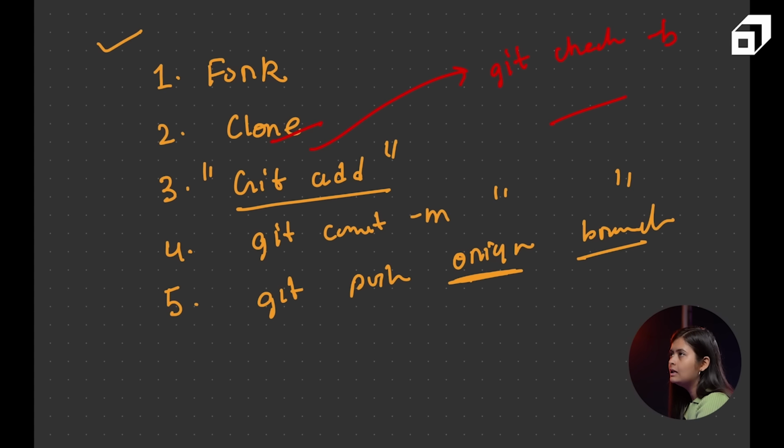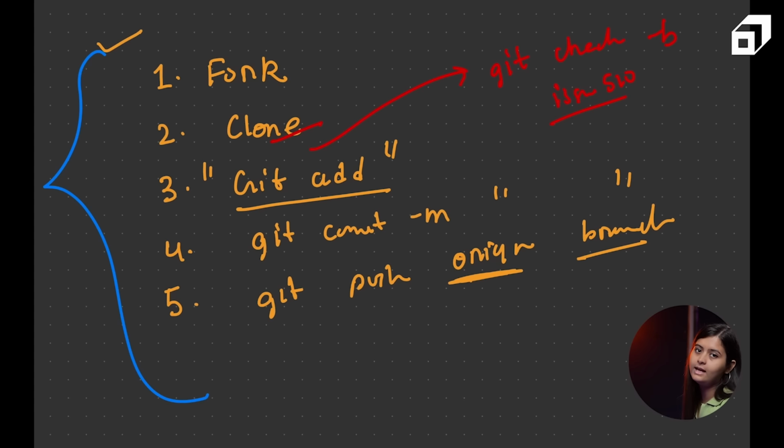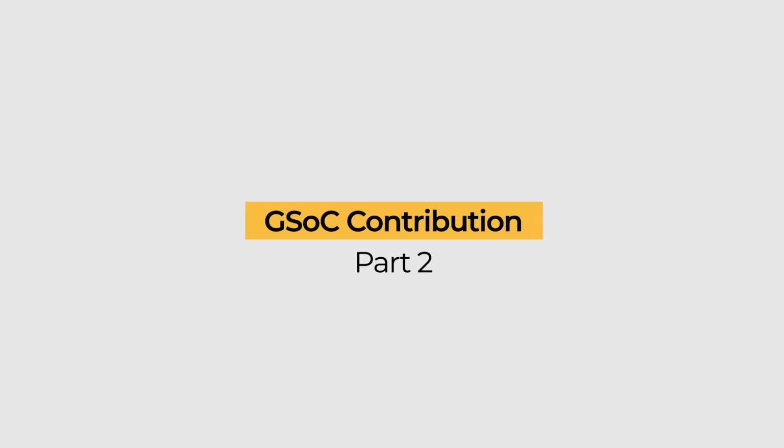If the issue is, let's say, 510, you can name the branch issue 510. So these are the steps, and once you follow these steps, you will be all set. Your first pull request, your open source contribution will be there in that particular project.